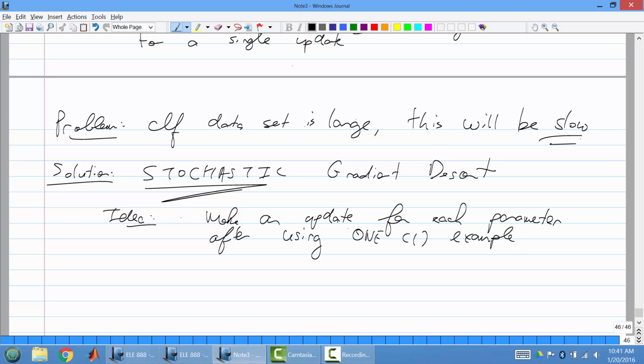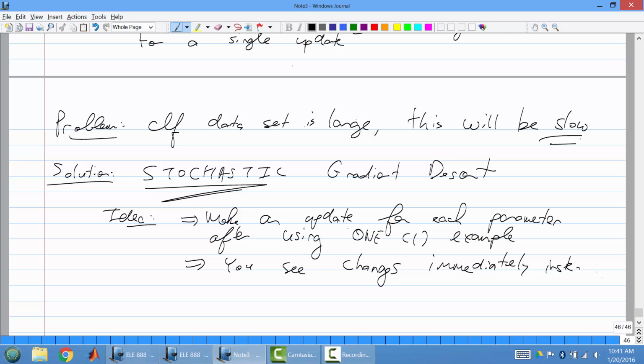The reason you do this is that you can see the change immediately after just one example. I'll talk about the advantages and disadvantages of this approach in the next class because I'm running out of time. So you see changes immediately.